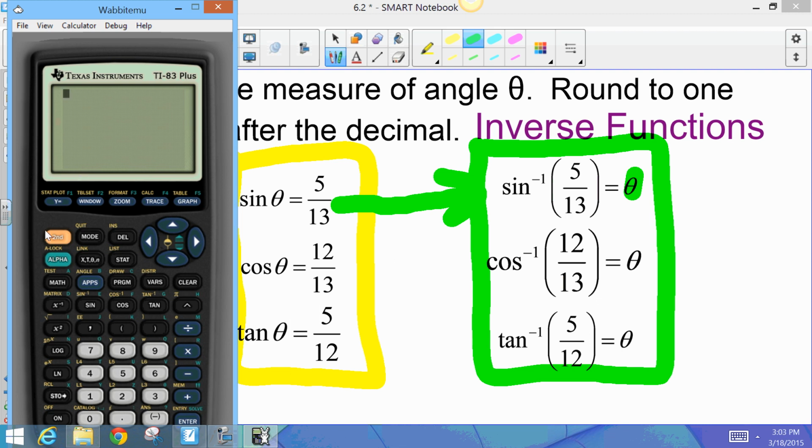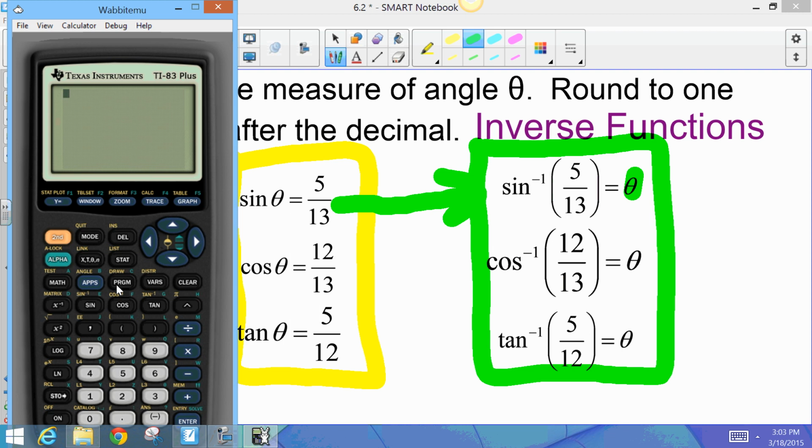To find the inverse, we're using the second feature of each trig button. So above sine, in yellow, it says sine to the power of -1, which is the notation for inverse sine. The second function for cosine is inverse cosine.